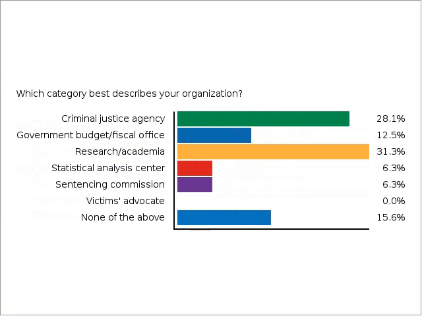All right, I think I will go ahead and skip to the results again. And not surprisingly, quite a few people from criminal justice agencies. That's more or less what we would have expected. Also, I guess the largest share is from research and academia, possibly, I suppose, relating to criminal justice issues or programs.